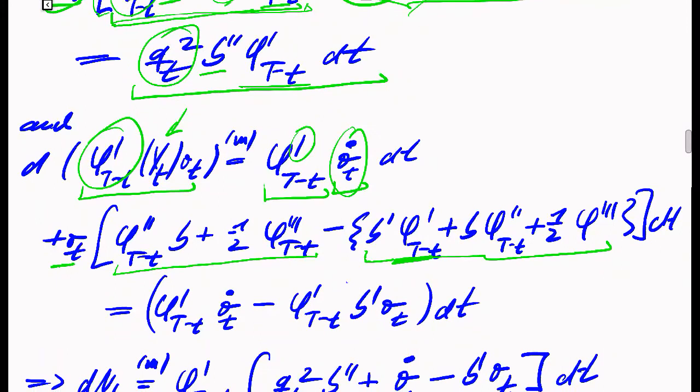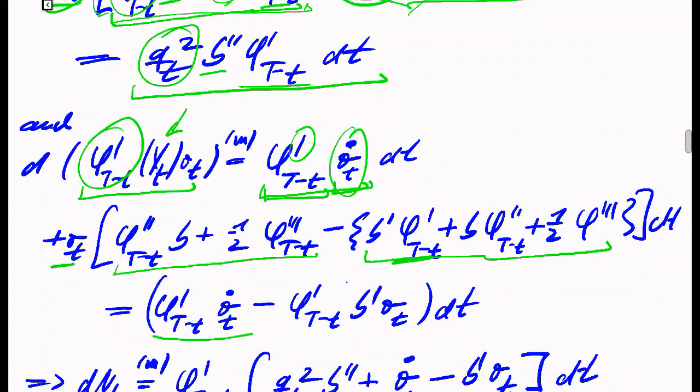So I'm writing out this part again, and then I'll try to identify what kind of cancellations I have in the second line here. So what cancellations can I find?